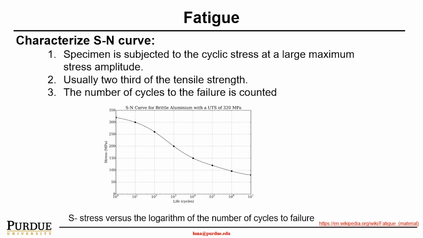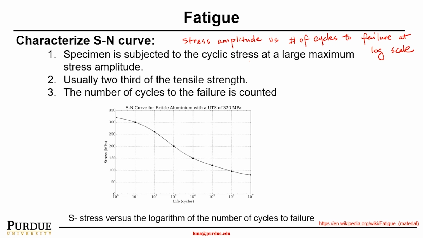So basically, the S-N curve is the stress amplitude versus your number of cycles to failure at log scale, as shown here at the bottom.